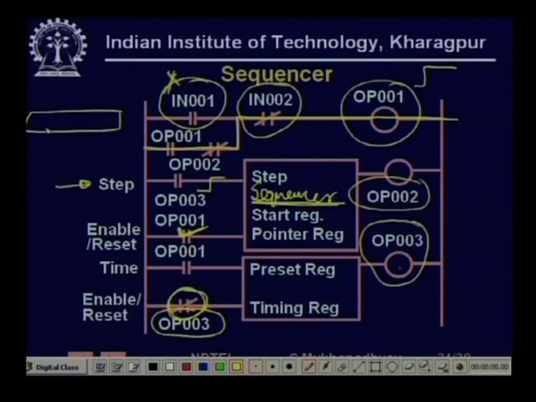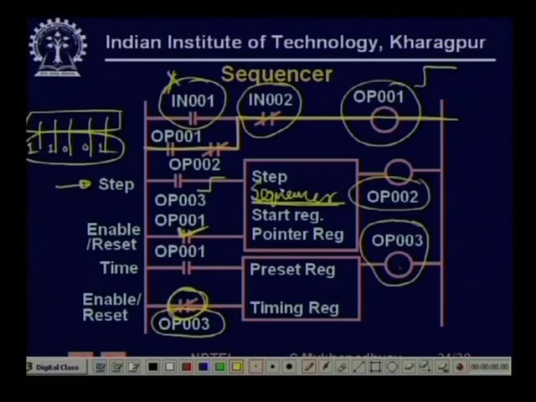Every time a pulse comes, a new set of register outputs is executed. Maybe these are 3 or 8 different valves. In the first step this is 1, this is 1, this is 0, this is 0 and this is 1. That is the way you have programmed it. When step 1 is executed, these outputs go to the field. So, the first pulse has come and the first step is executed.